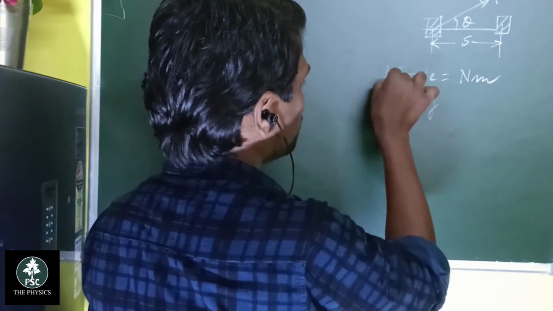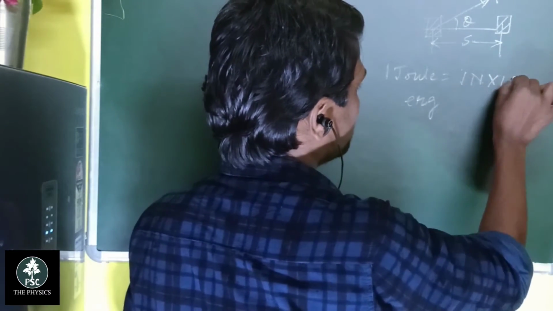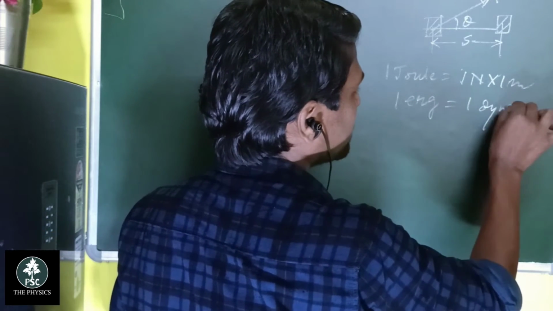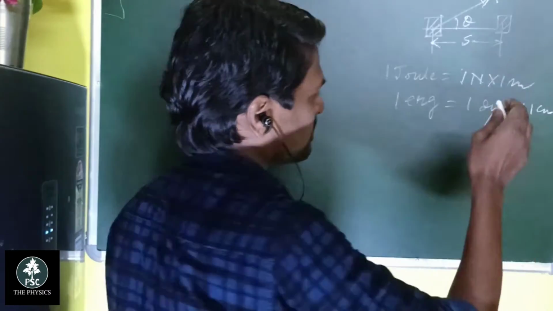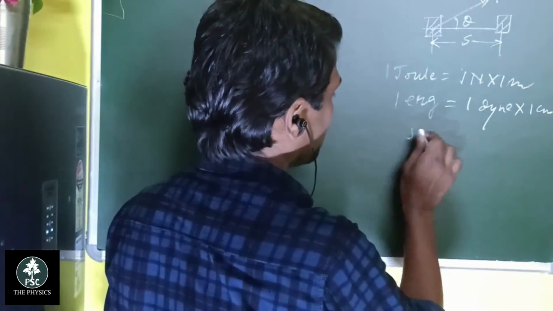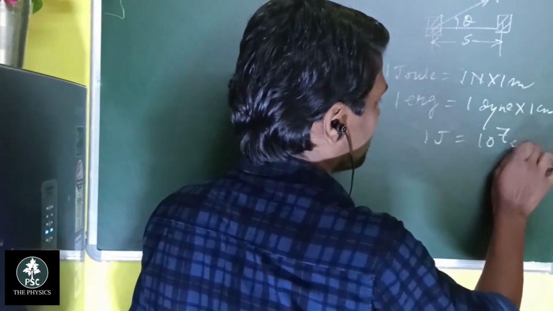So 1 joule equals 1 Newton into 1 meter. Similarly, 1 erg equals 1 dyne into 1 centimeter. The relationship between the joule and the erg is 1 joule equal to 10 to the power 7 erg.